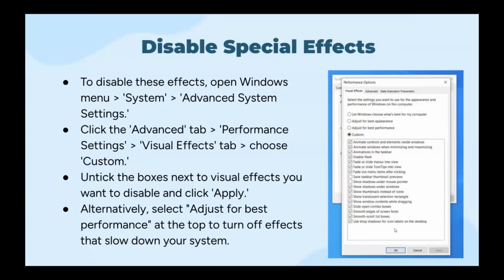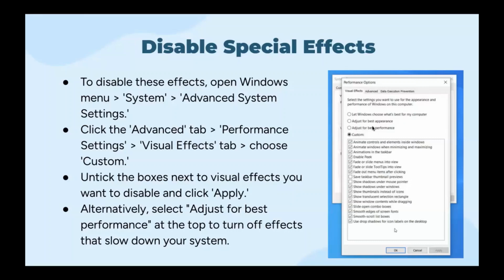Disable special effects. To disable these effects, open the Windows menu, System, and Advanced System Settings. Click the Advanced tab, Performance Settings, the Visual Effects tab, and choose Custom.